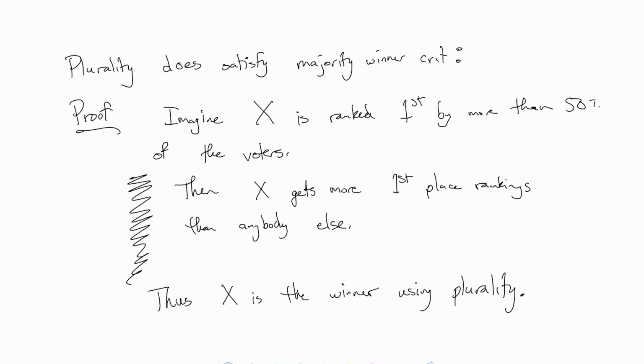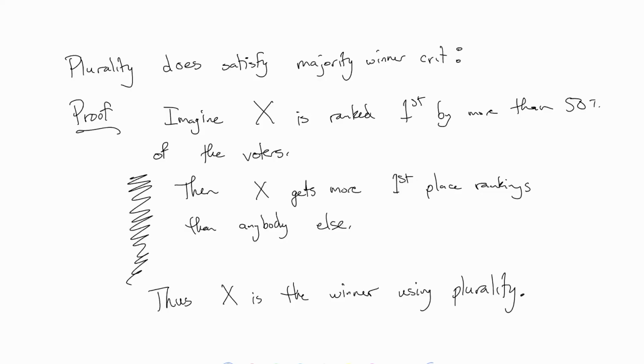That's automatically true. If they get more than 50% of the votes, nobody else can get more than that, because it's not possible to have two different people getting more than 50% of the votes. Then X gets more first place rankings than anybody else. Thus, X is the winner using plurality, because that's what plurality is all about. You count up how many first place rankings each person gets. That's how we do plurality.